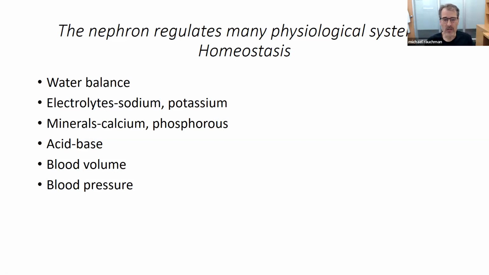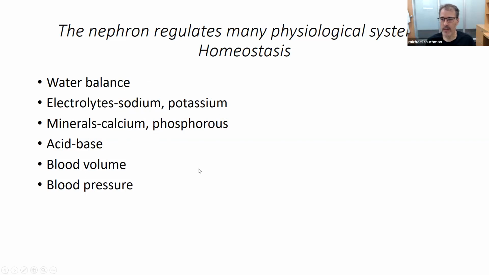The body has to sense, actually the brain senses, whether we need to hold on to water or get rid of some water. Electrolytes in the blood, so the major electrolyte circulating in the blood, sodium, or in our cells, potassium, and minerals that are important for bone growth, and a variety of other physiological functions are regulated by the kidney.